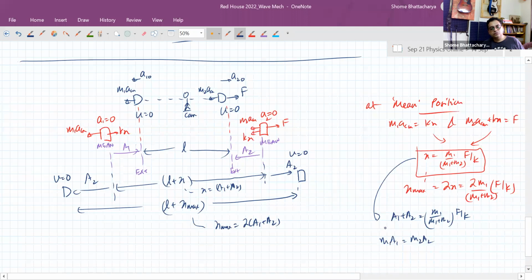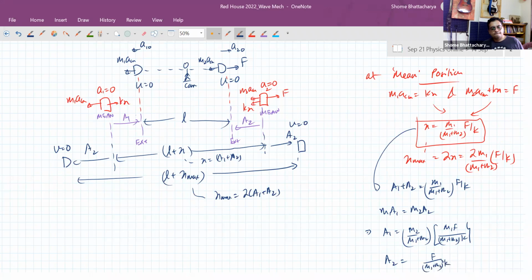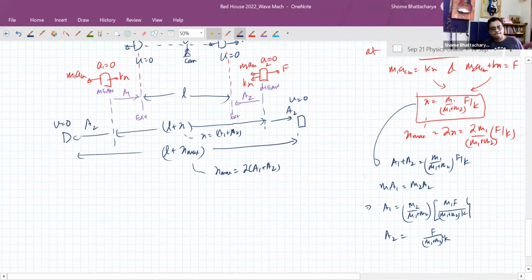So that's how you will understand that A1 will become this, and A2 will be this. So this is your amplitude of the spring.